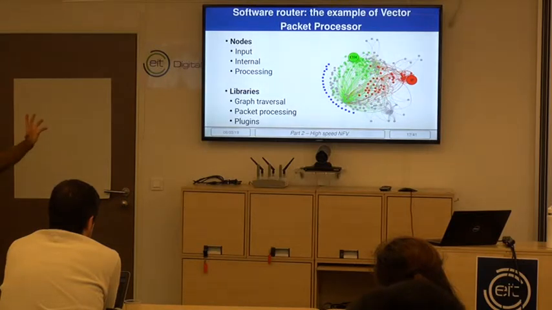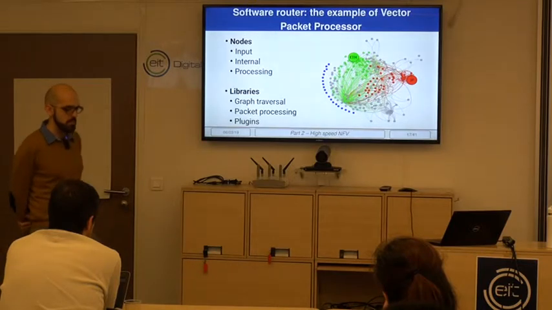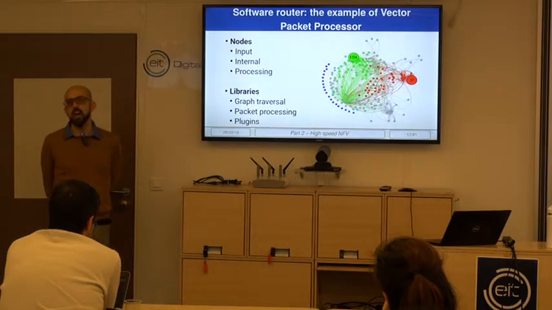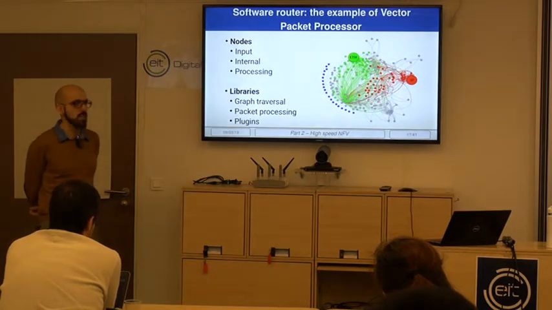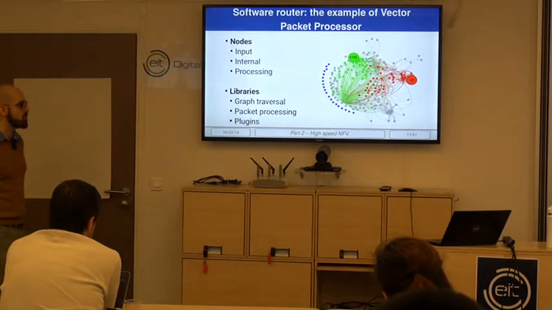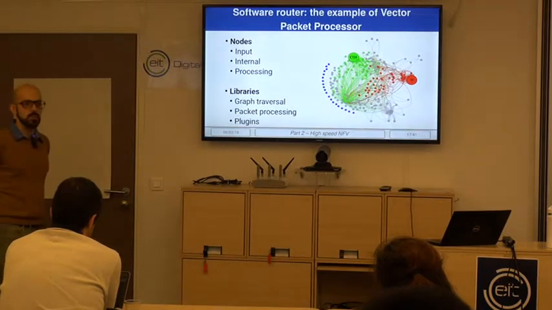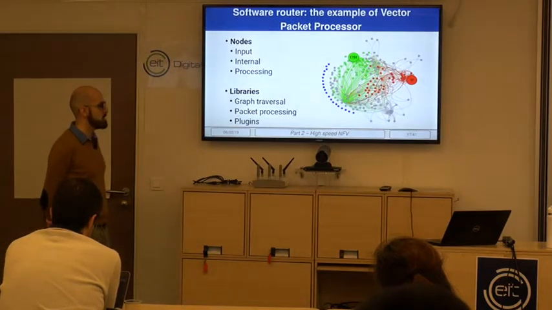In fact, what I mean is that this exact code was at first built inside the high-speed Cisco routers, and it has now been released open source, so we can access the code and we can work on it. But this is just an example, and pretty much every other framework works the same.